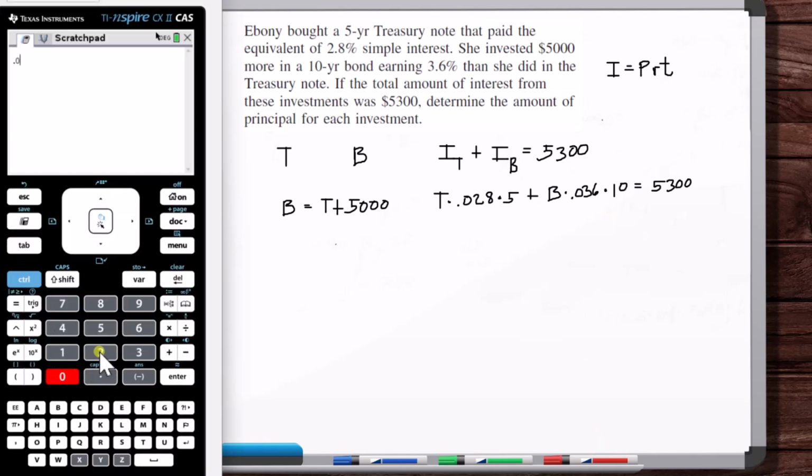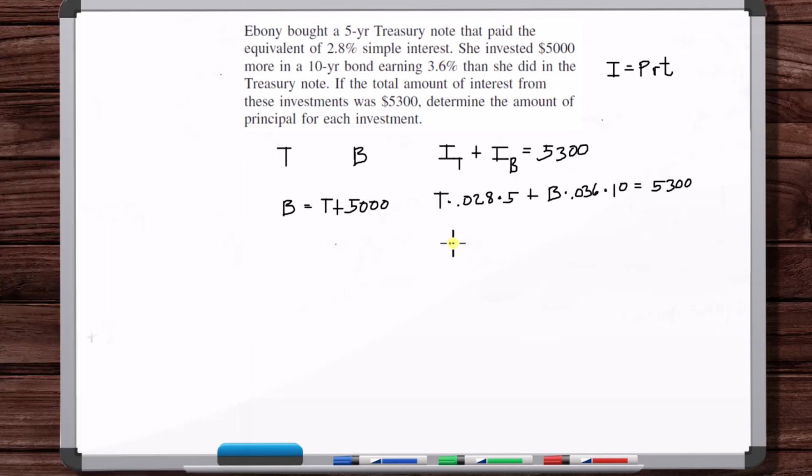So 0.028 times 5 is 0.14t. And 0.036 times 10 is 0.36b. Now we can substitute for b here: 0.14t plus 0.36 times (t plus 5,000).